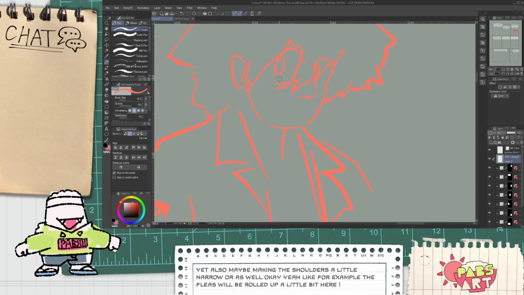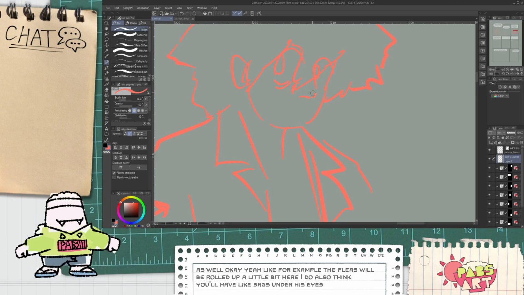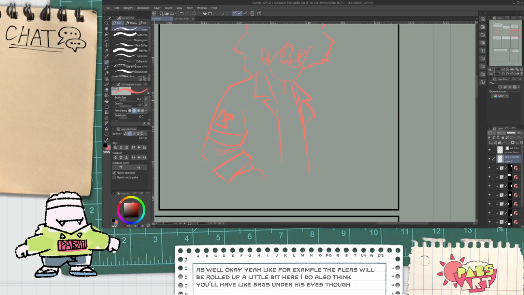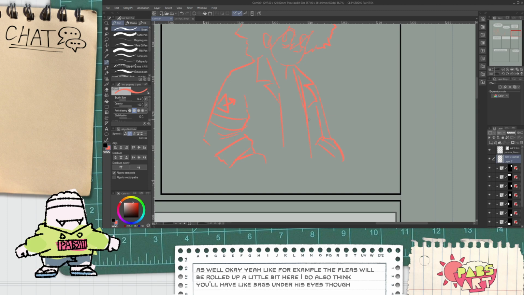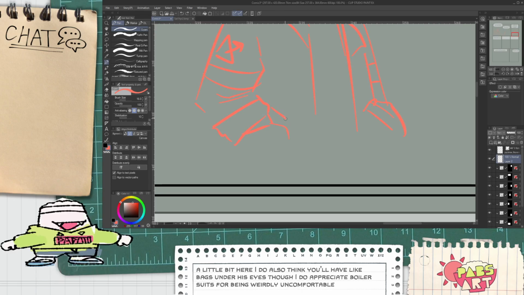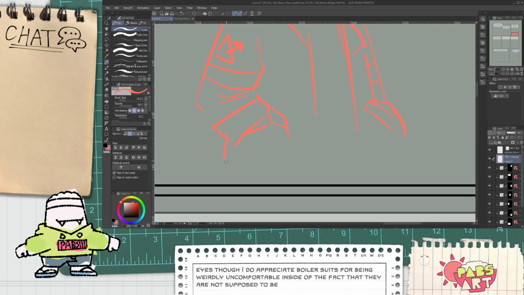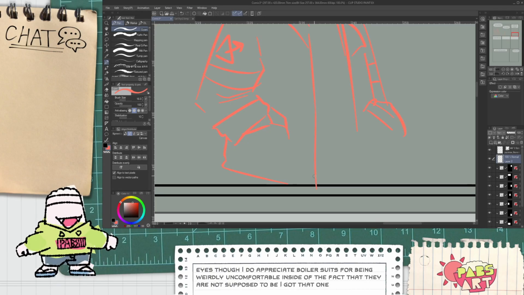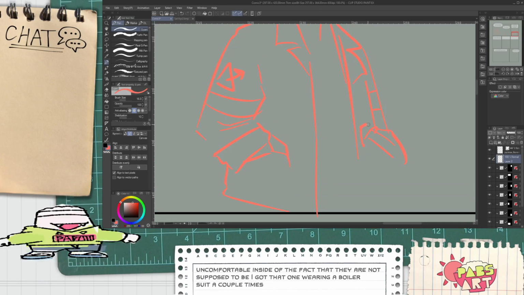I do also think he'll have bags under his eyes though. I do appreciate boiler suits for being weirdly comfortable in spite of the fact that they're not supposed to be. I've dabbled in wearing a boiler suit a couple times. They are surprisingly comfortable.